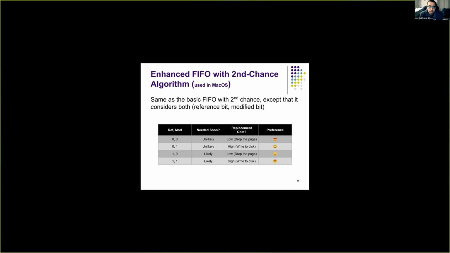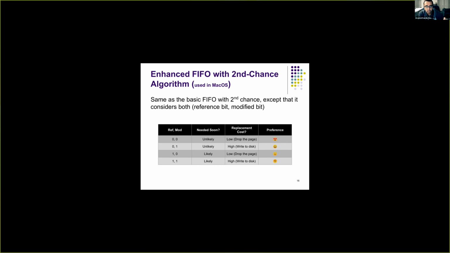The reference bit says whether the page is needed soon by the process, right? If the reference bit is set, that means it's highly likely that the page will be used again by the process. Okay. Whereas the modified bit tells whether replacing the page is costly or not. Okay. So as I've shown in the table.